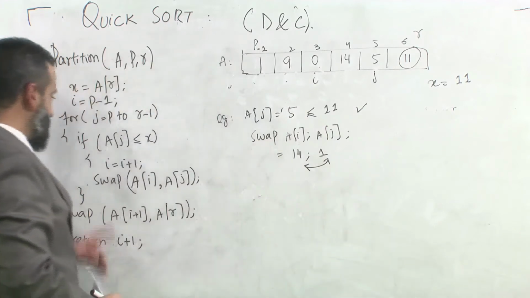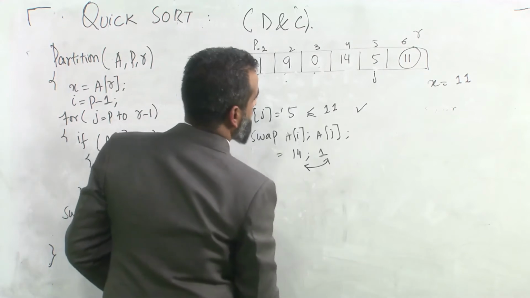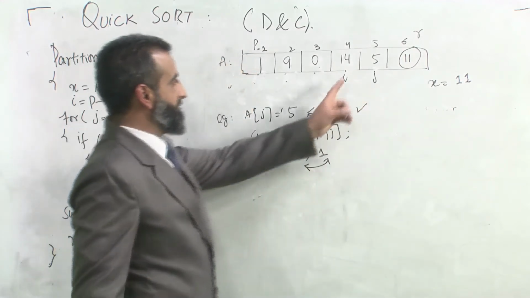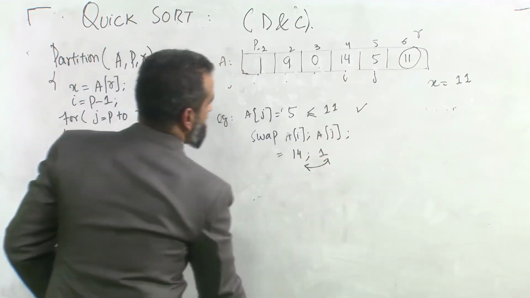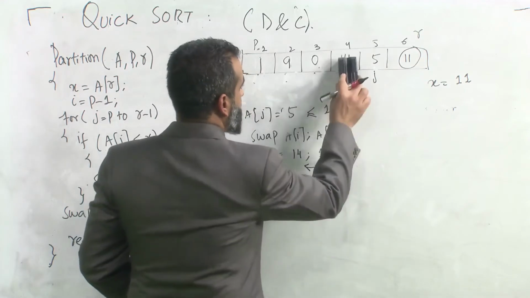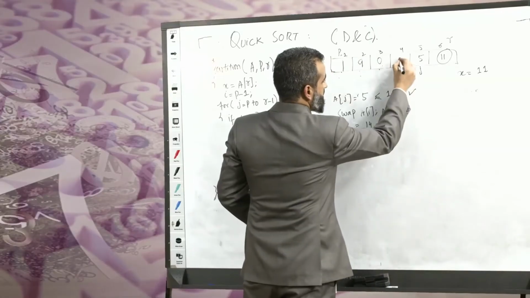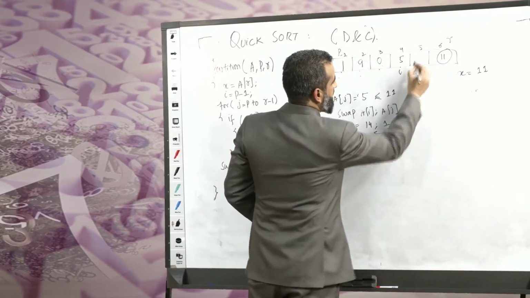But before I make the swap, I need to increment my I. So I will now be pointing towards 14. Make the swap between A of I and A of J. So my I will be here, and I'll have 14 over here.